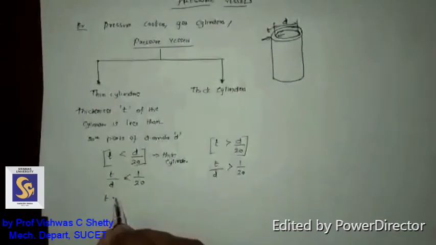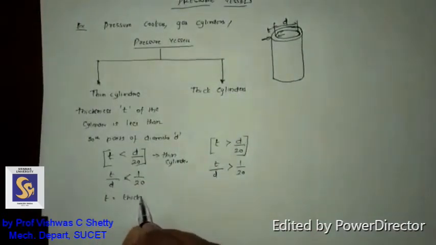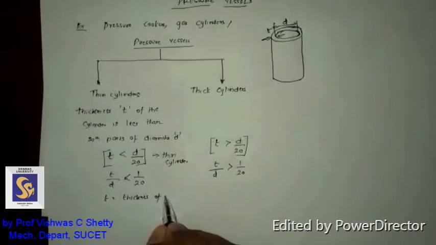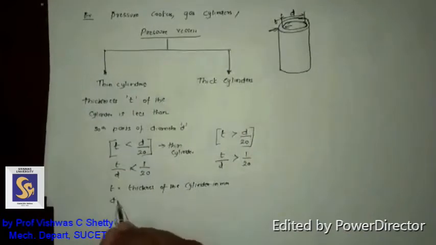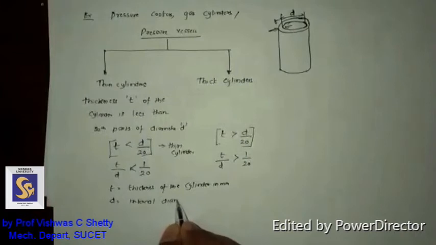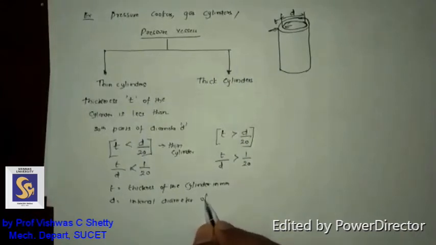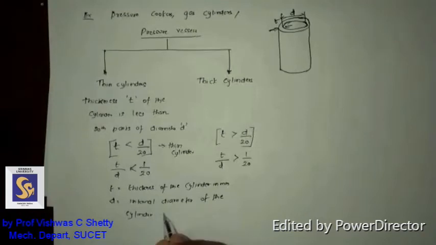T is the thickness of the cylinder in mm. D is the internal diameter of the cylinder in mm.